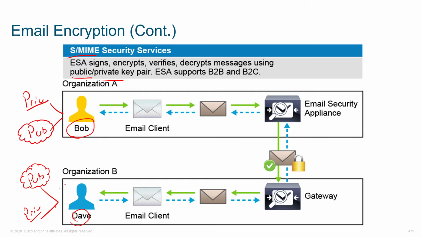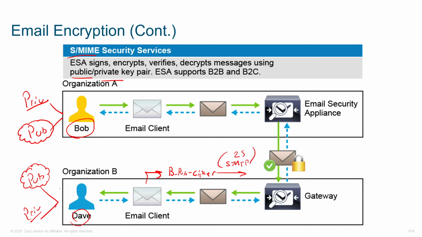If Dave and Bob have one another's public keys, Dave can take an email message and encrypt it with Bob's public key, which is going to create ciphertext. That ciphertext can be relayed, and since it's been changed to ciphertext, we can use SMTP, clear text over port 25.